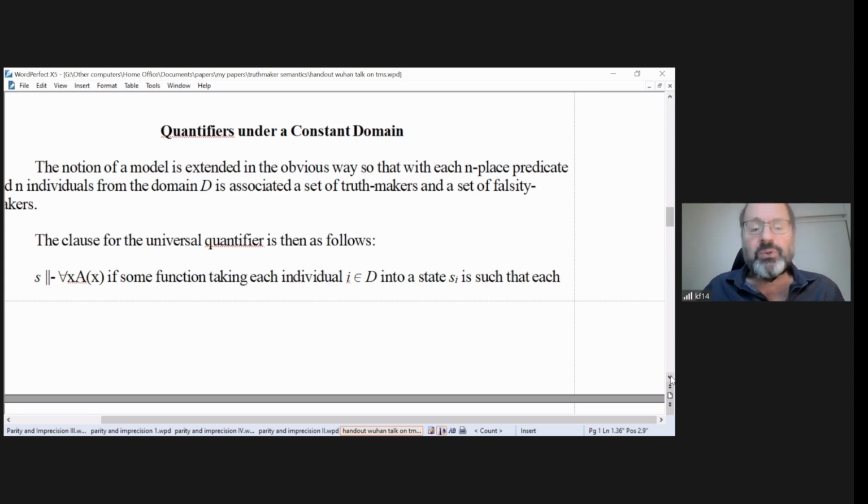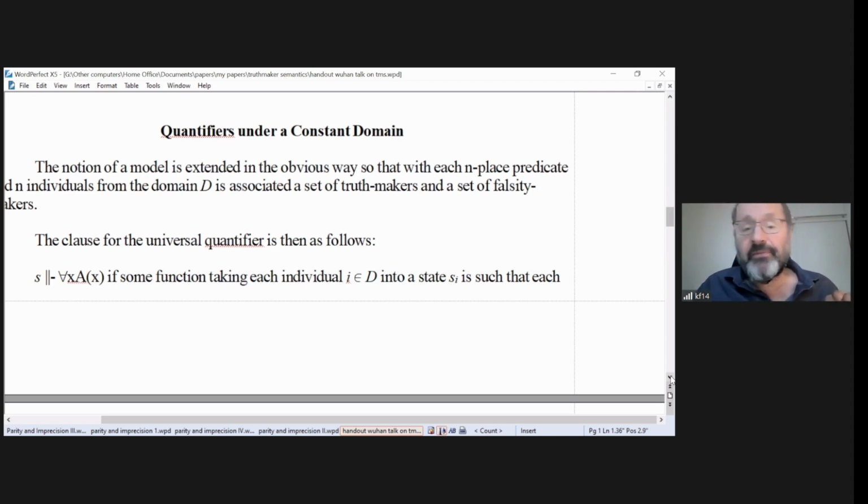Well, what we want to do is to map each individual I into a state S of I. And what we want is for S of I to make A of I true, and for S to be the fusion of all the S of I's. That's just the technical formulation of what I just said.